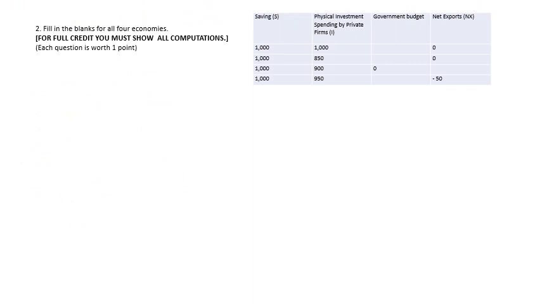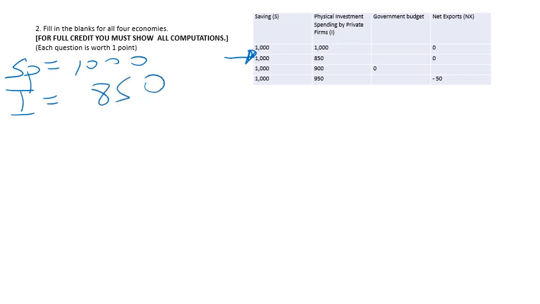In this part of the question, we're referencing this here. SP is 1,000. Physical investments are 850. And once again, what is SR given net exports of 0? It's 0.